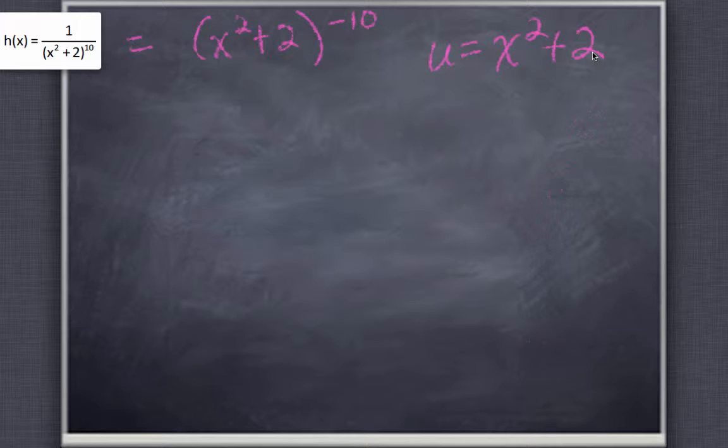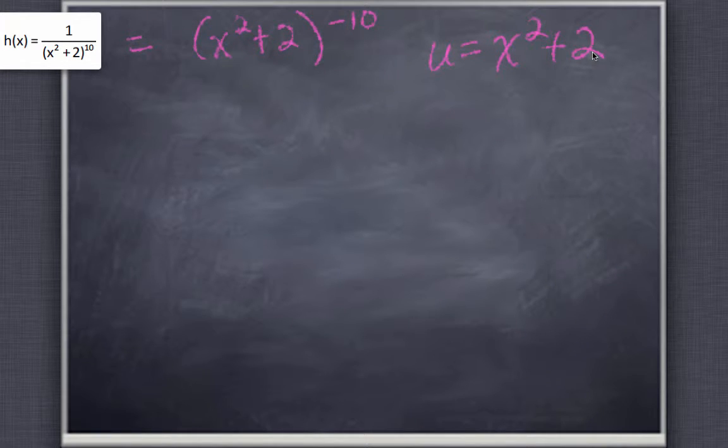Okay, now this is equal to x squared plus 2 to the negative 10. So if I was doing a u substitution, u is always the chocolate, so u is the thing you do first if you were plugging in, but last in this pattern.